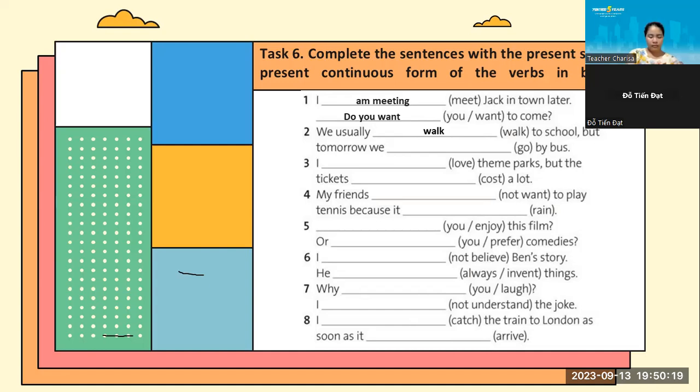Tomorrow we are going by bus. Next. Number 3.